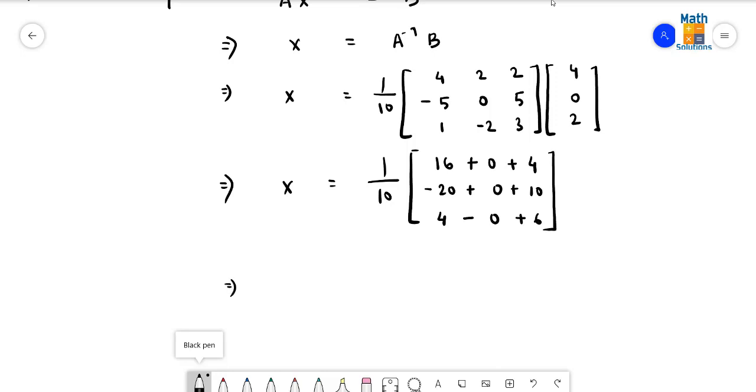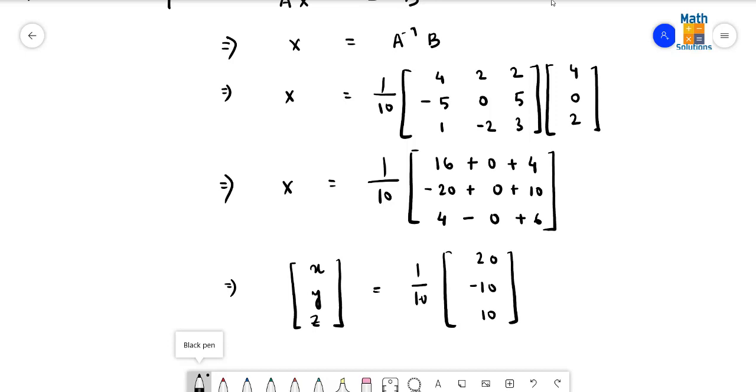This can be written as x, y, z equal to 1 by 10 times 20, minus 10, 10.